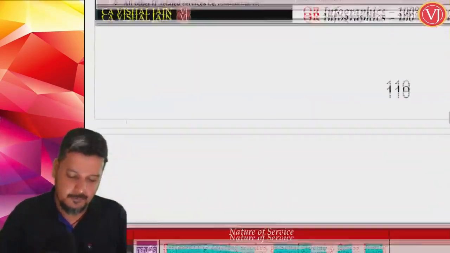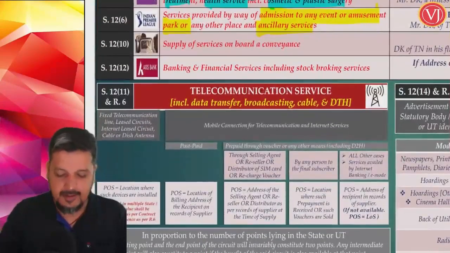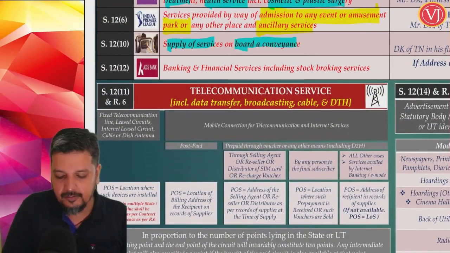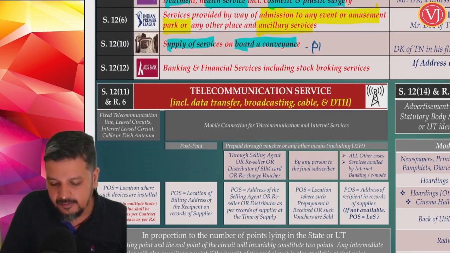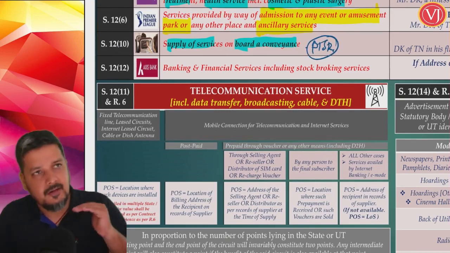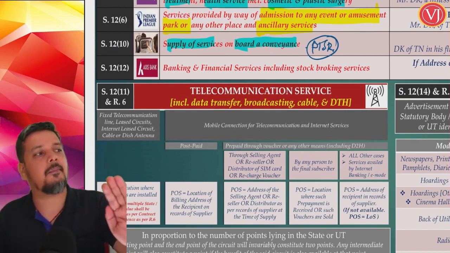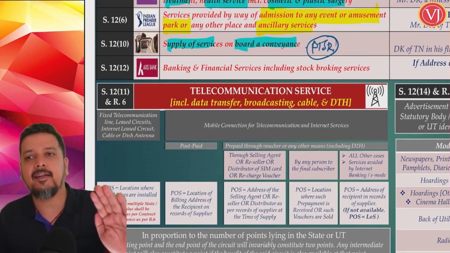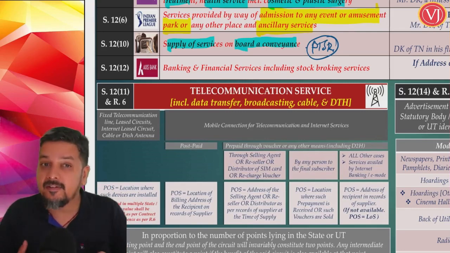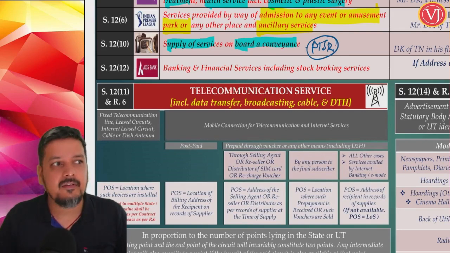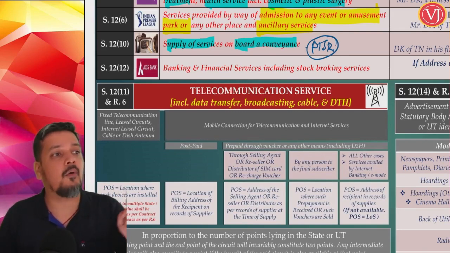But wait. There is supply of services on board a conveyance when you are talking about passenger transportation service. When you're traveling in a train or bus or plane or vessel, there are certain services that you get, for example food. Now it is not supply of goods on board a conveyance; it is supply of service on board a conveyance.